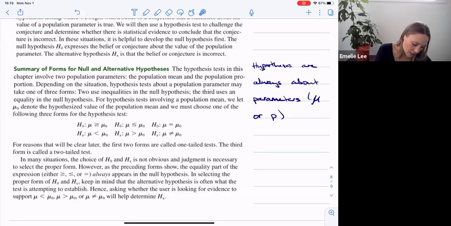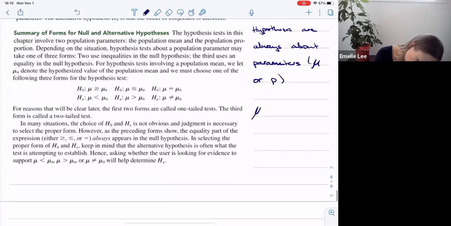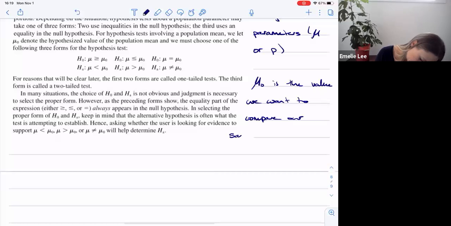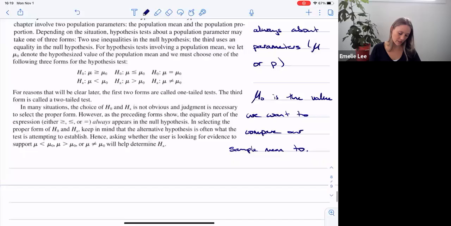So mu naught is the value we want to compare our sample mean to.